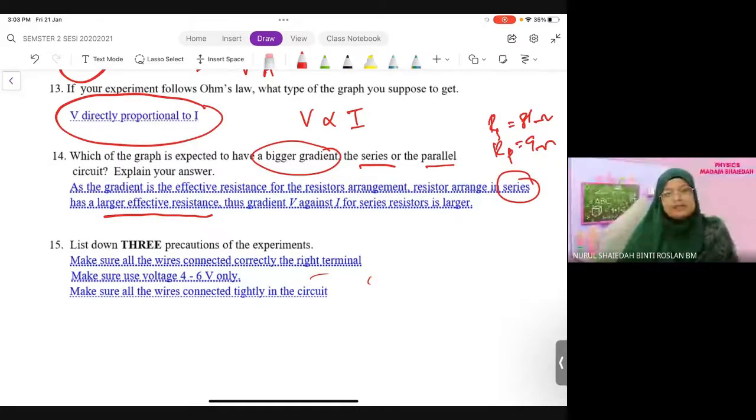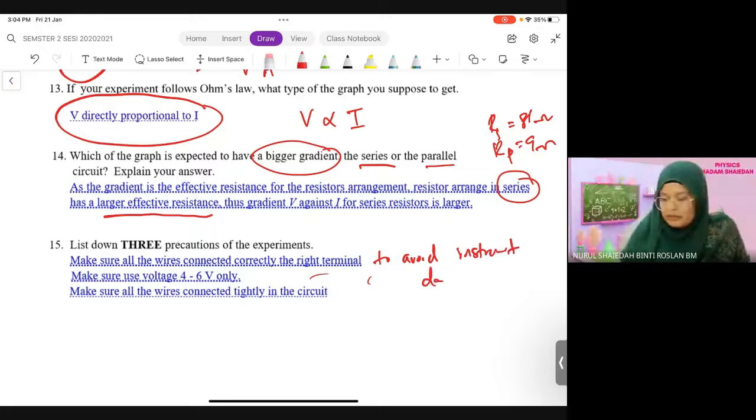Okay, yang terakhir, list down 3 precautions. Precaution ni tak bagus sebab tak ada perkataan avoid. So make sure all the wires are connected correctly to the right terminal to avoid instrument damage. Make sure use the 4 or 6 volt only to avoid, sama jugalah, dalam kes ni milliammeter, ammeter dan voltmeter damage.